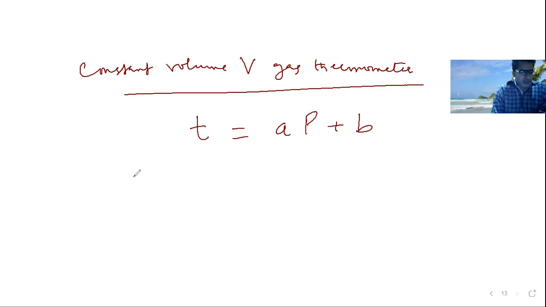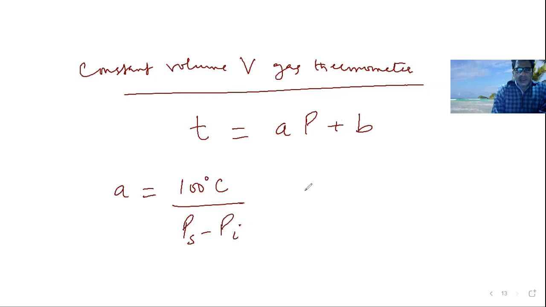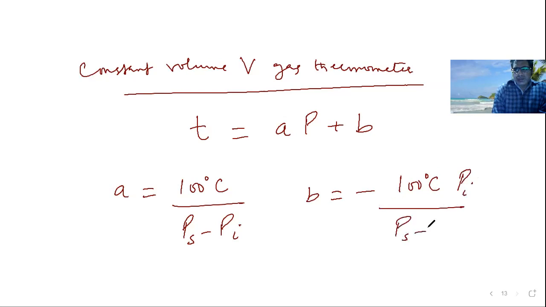And similarly, when we use two reference states as steam point and ice point and label their temperatures, we can solve for A and B. Here A will be 100 degrees Celsius over Ps minus Pi, and B will be minus 100 degrees Celsius Pi by Ps minus Pi.